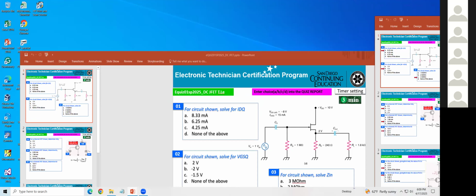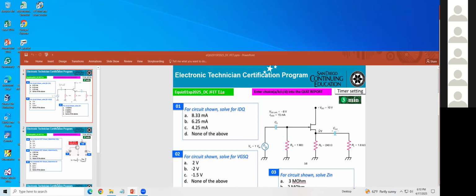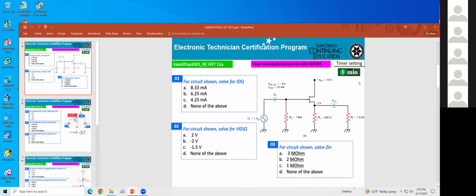Okay, number one, A, B, C, D. Got A. Perfect. That will be A.